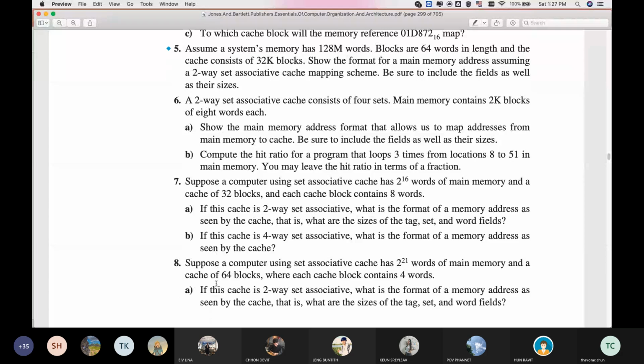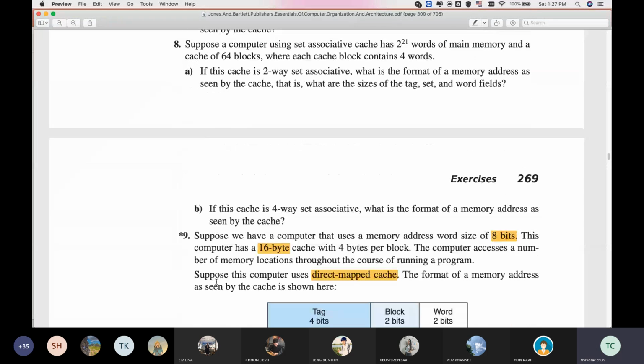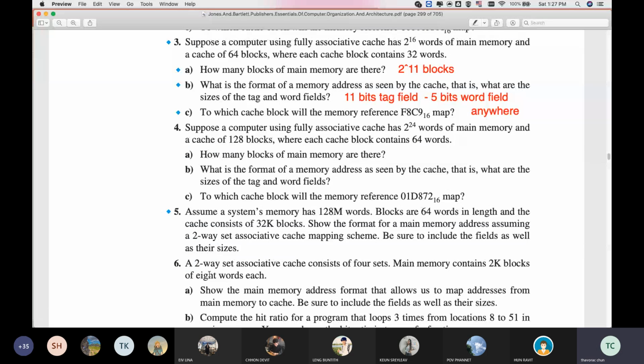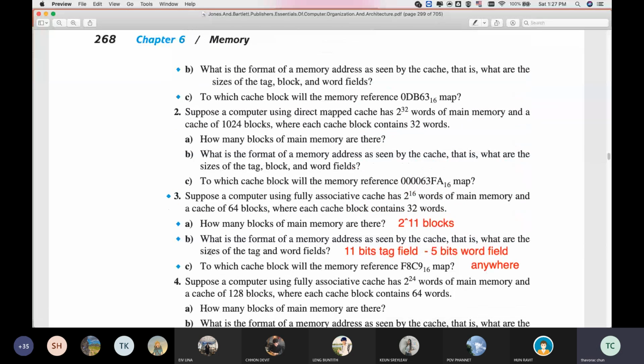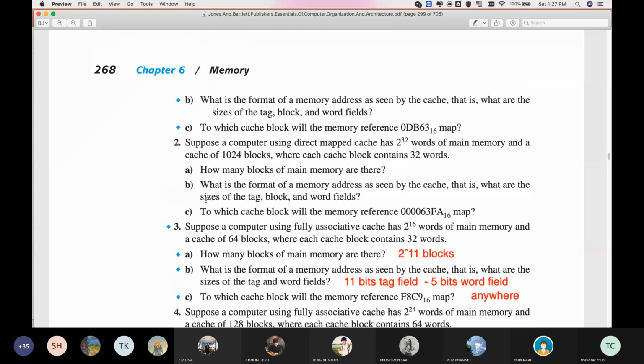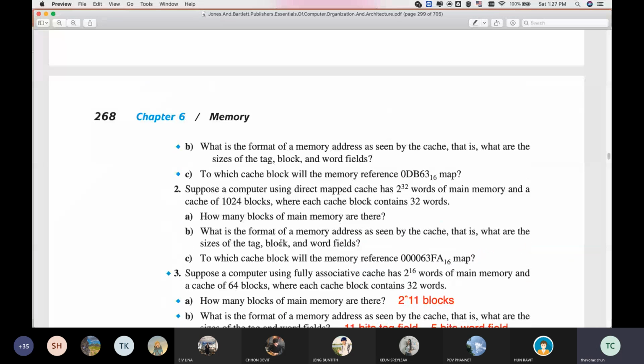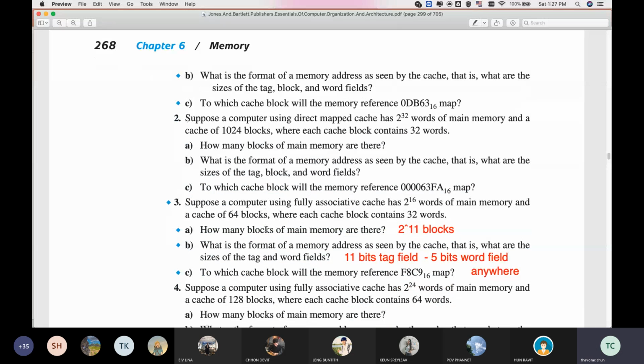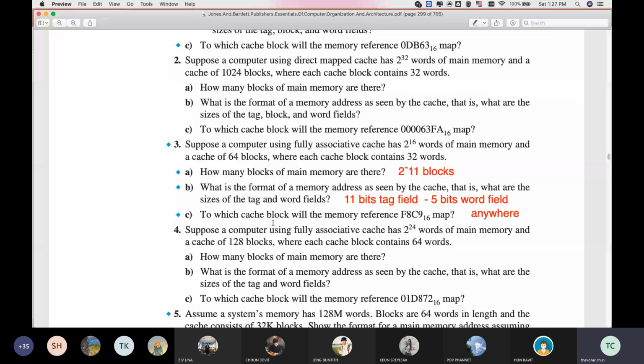Okay, I think we can pick some exercises to do. We don't need to do everything, just a few only. The others are quite similar. Okay, let's just do this number 3 because it's about the fully associative.